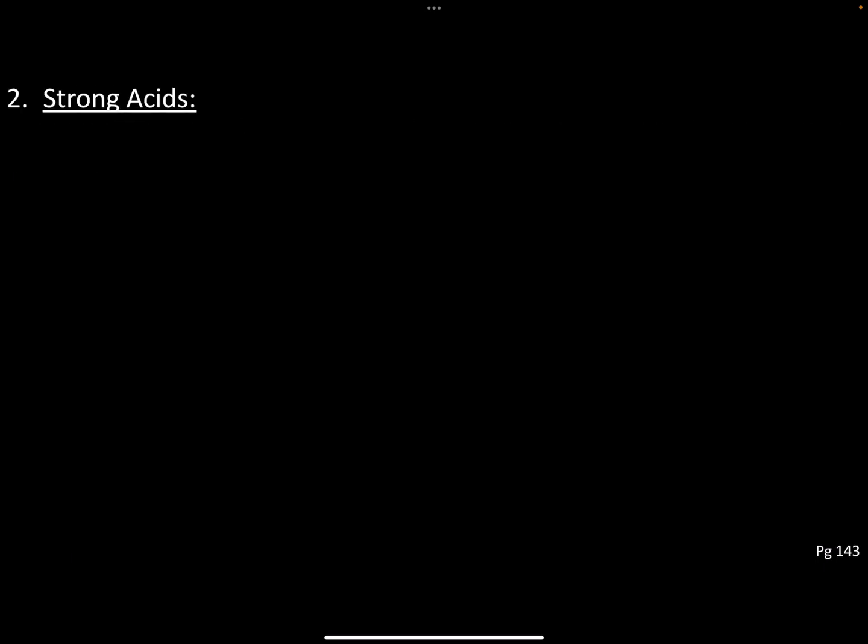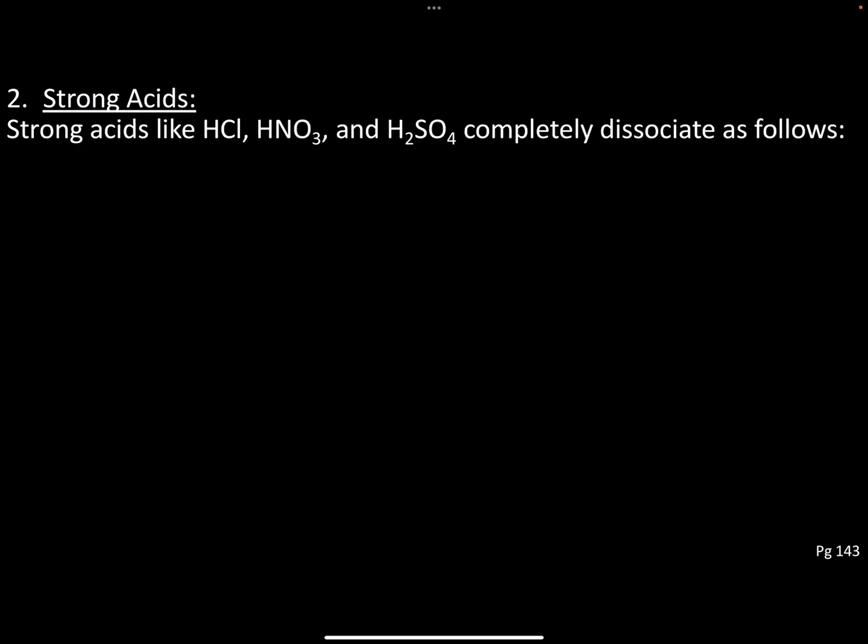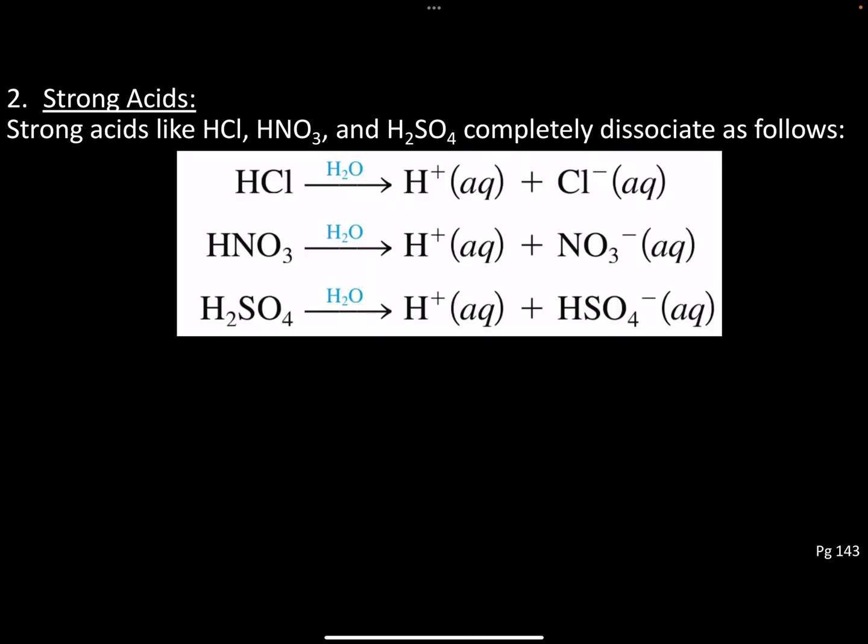Salts can also be other cations mixed with anions as well, but that's a great example. We also have strong acids like hydrochloric acid, nitric acid, and sulfuric acid, and they also dissociate completely. So hydrochloric acid separates entirely into its hydrogen and chloride ions.